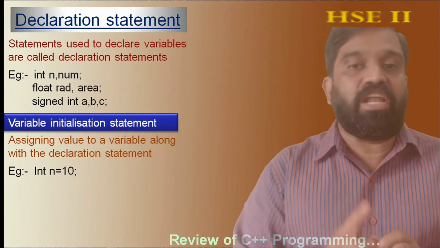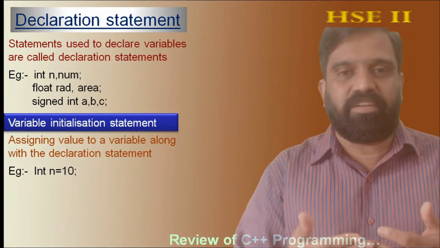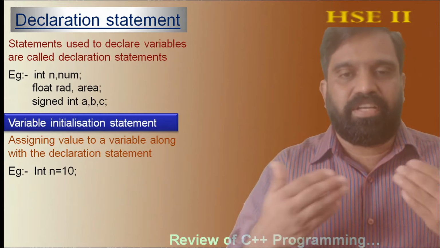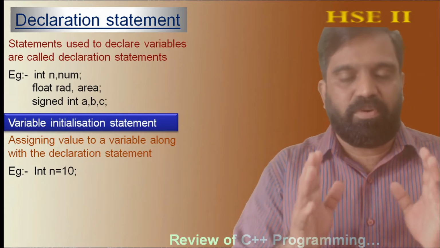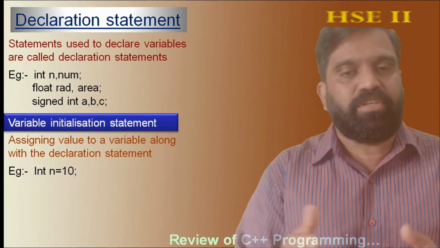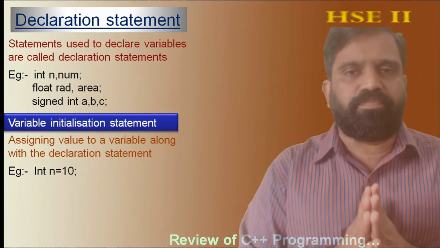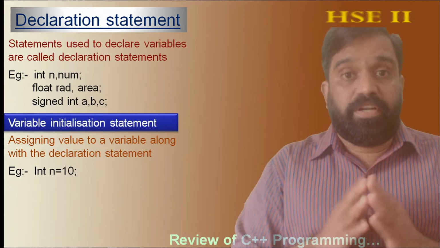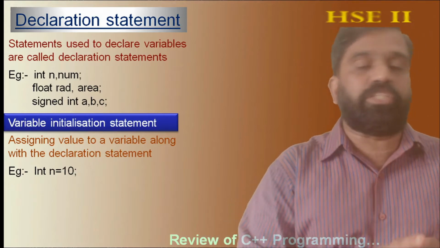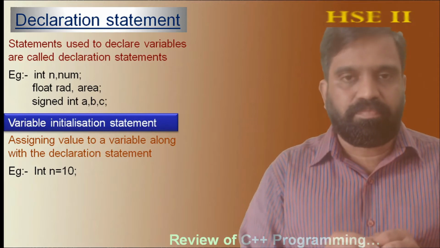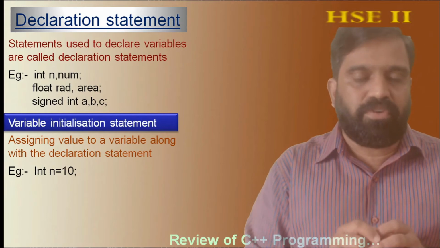Remember, that value can be changed with the help of different statements while running the program. Now n is equal to 10, but that value can be changed later with the help of many operations. But in some situations, the value given for a variable should never be changed. Example, the value of pi, 3.14.